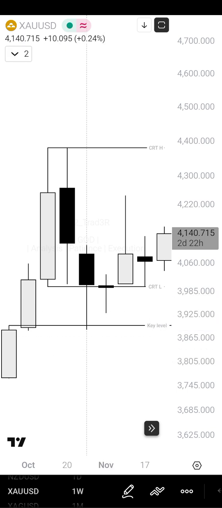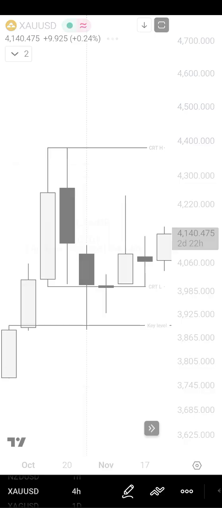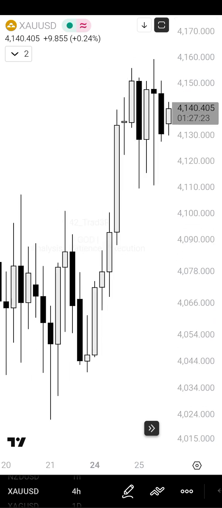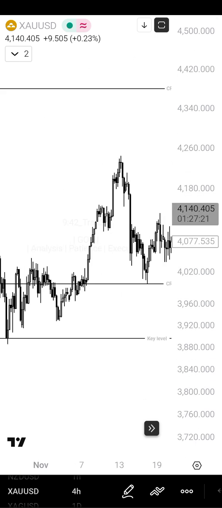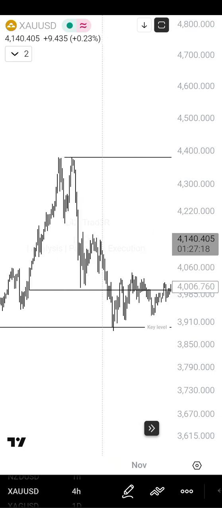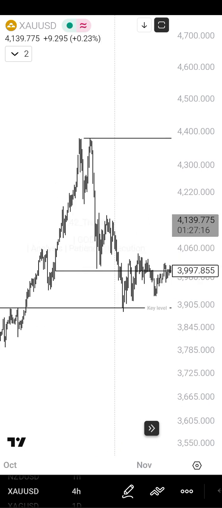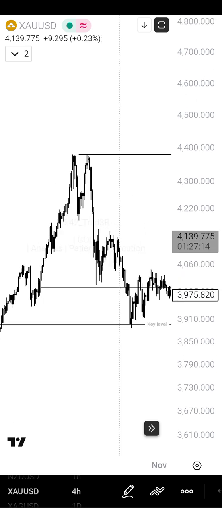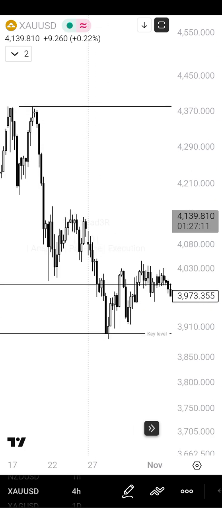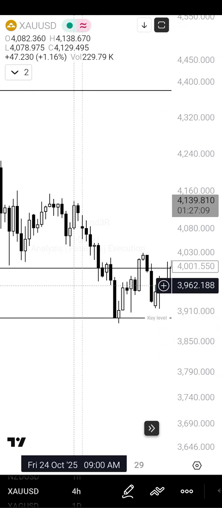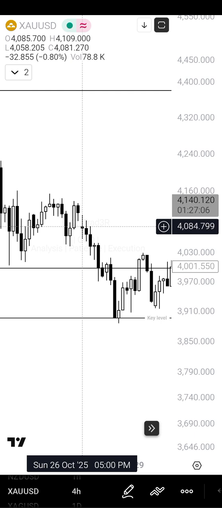Since it's a weekly range we're looking at, we'll go to the 4 hours to look for a better structure and a better read in price action. Here on the 4 hours, you can see the opening time of the candle, as well as the opening price of the manipulation candle.